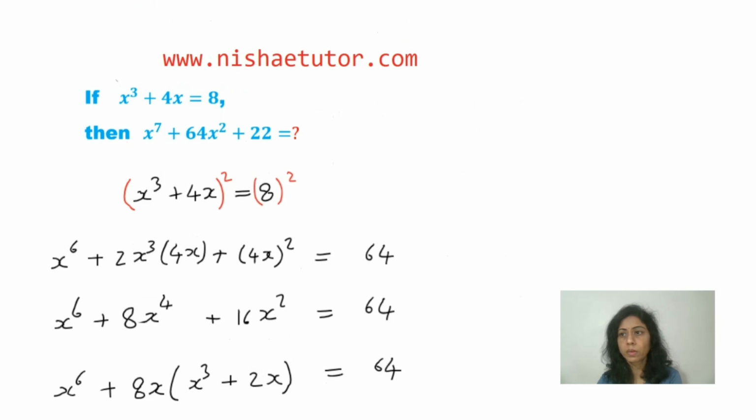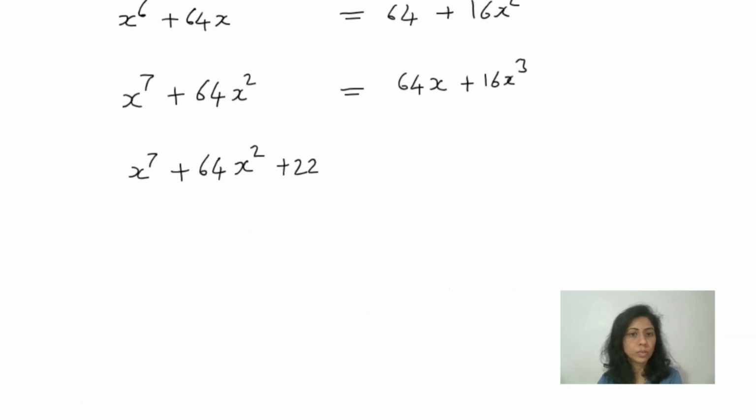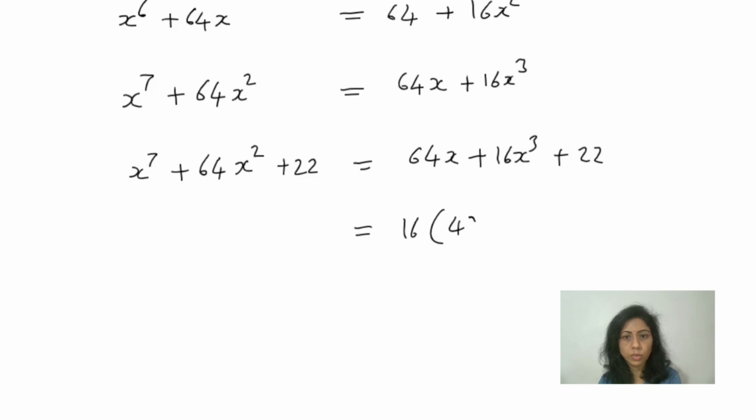This one. So here 64x plus 16x cube plus 22. Okay, we add 22 to both sides. So exactly this one. From here we can take 16 common. 16 times 4 is 64x.